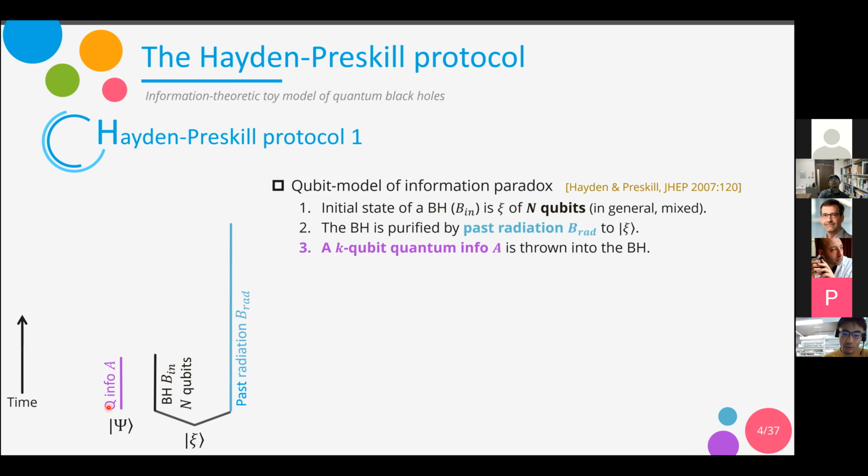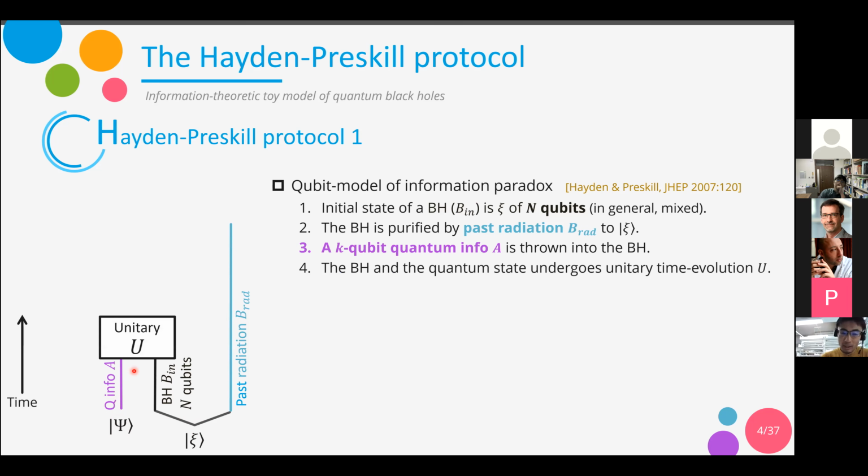And we throw a k-qubit quantum information A into the black hole. For example, we just prepare an unknown pure state psi and throw it into the black hole. And after the quantum information source is thrown into the black hole, the whole black hole undergoes some unitary time evolution, which we often assume is scrambling.